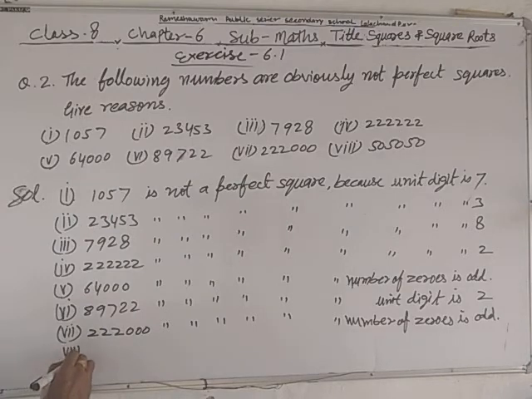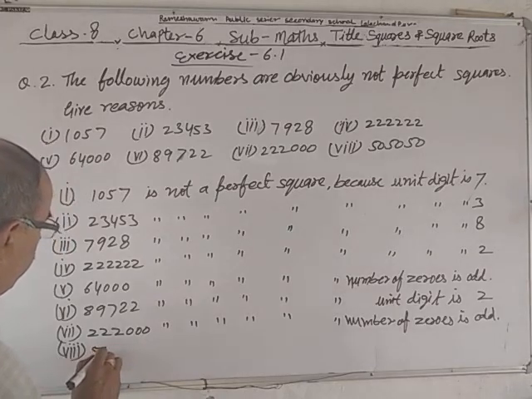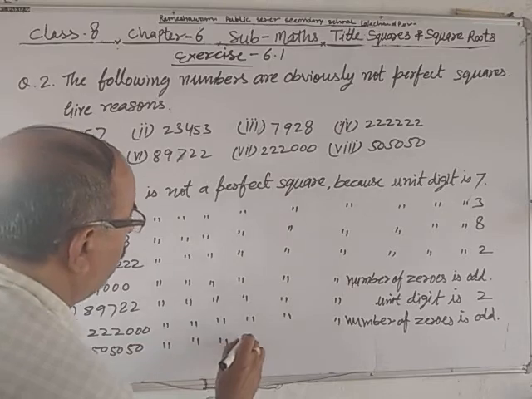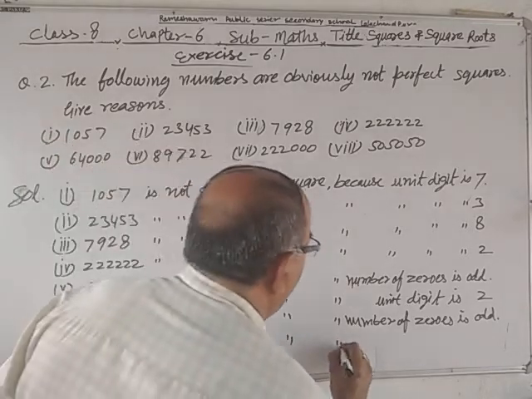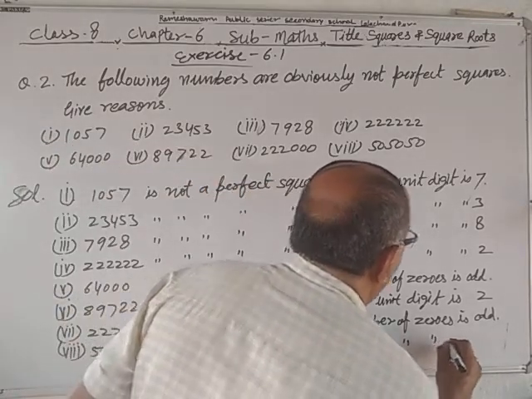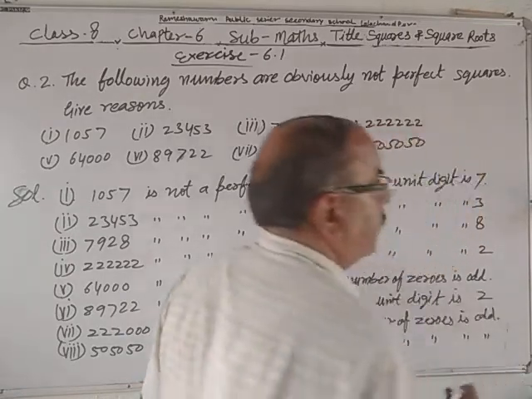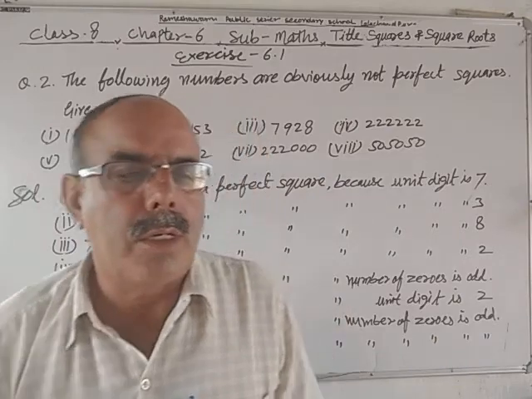And the eighth, 5050 is not a perfect square because the number of zeros is odd. This is the question number 2.